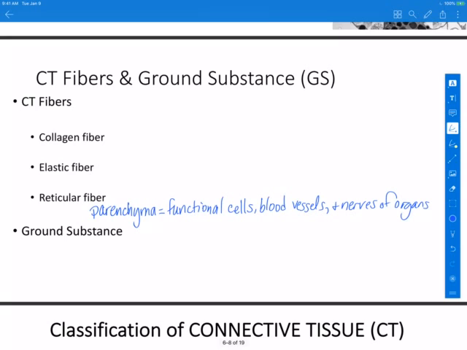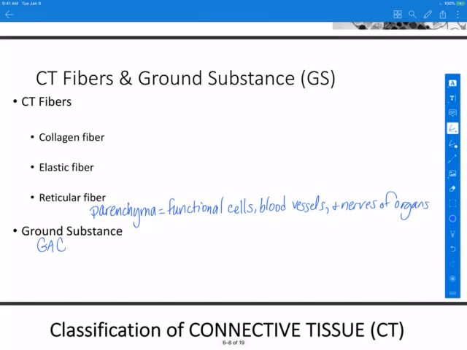Now, ground substance, as I mentioned, is made up of the GAGs, which I described earlier, which are the glycosaminoglycans. Again, ground substance is a transparent, colorless, amorphous, gelatinous substance, with these glycosaminoglycans, or GAGs, which are basically like a hybrid of protein and carbohydrate. And they link together to form even larger molecules called proteoglycans.